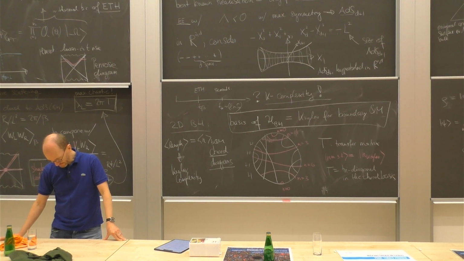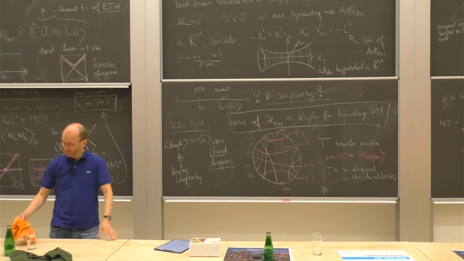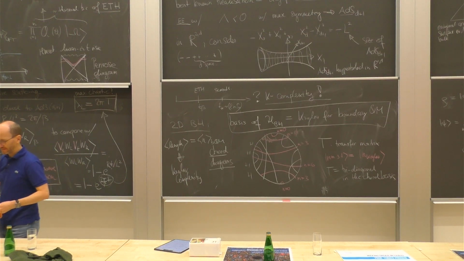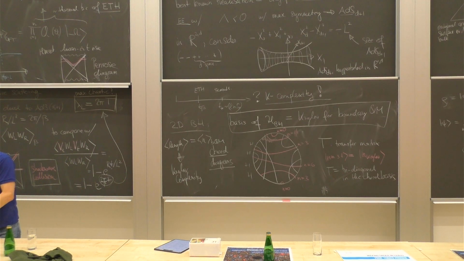So you're asking, well, one possible answer would be, though I'm not fully convinced of this, that this might be the same question as the question of when a many-body system has a good bulk dual.